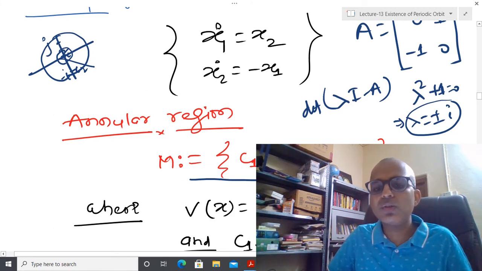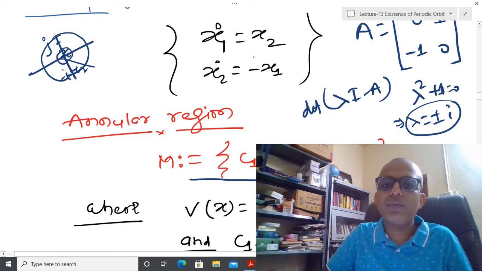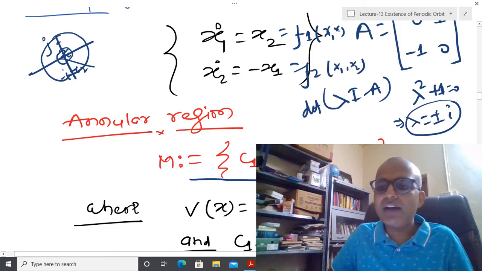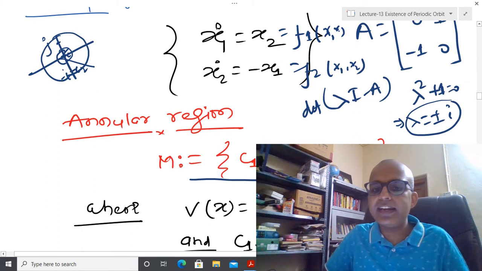So I have to calculate the dot product of f and the gradient. Here you can see f1(x1, x2) and f2(x1, x2), and after that I have to calculate the gradient.